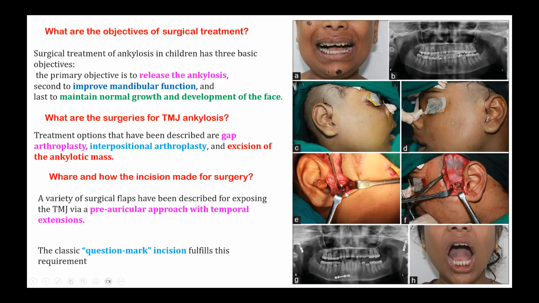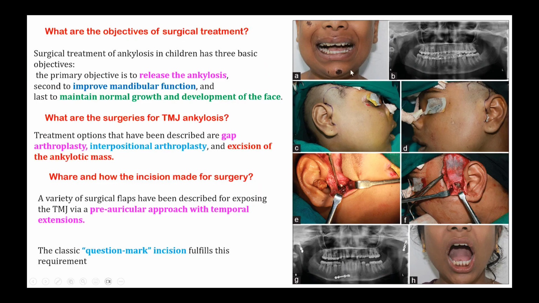And nowadays we have implants available which will be inserted like a normal joint. It can function. Just like your knee replacement or shoulder joint replacement, nowadays we have titanium TM joint prostheses available which can be implanted.